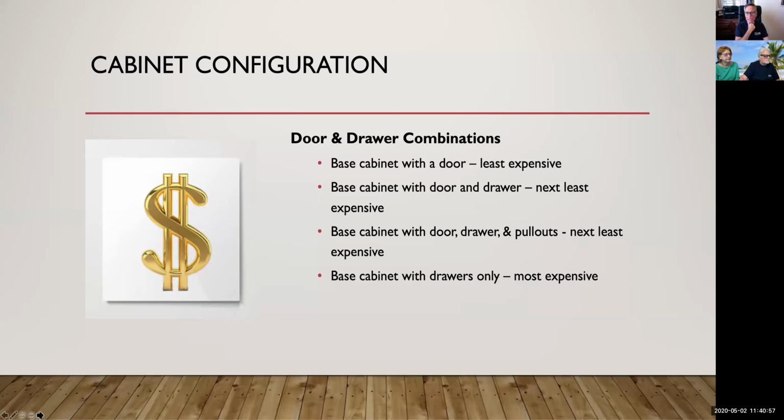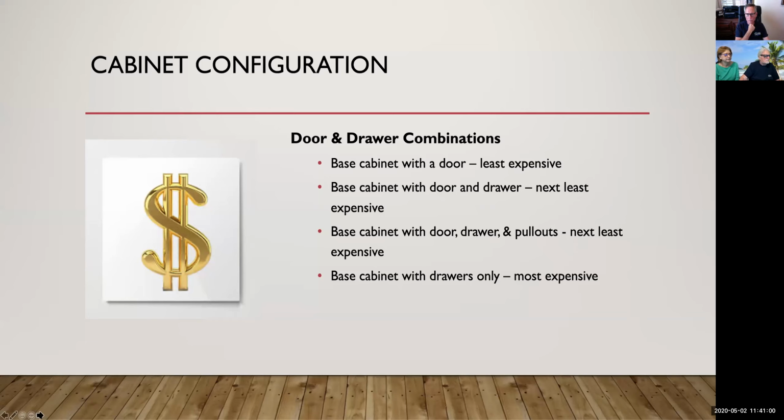Next up is a base cabinet with a door and a drawer, typically the drawer at the top. The next is a base cabinet with a door, drawer, and pullouts. And then finally, the most expensive is a base cabinet that consists of a bank of drawers, because there are so many pieces required to create a drawer.